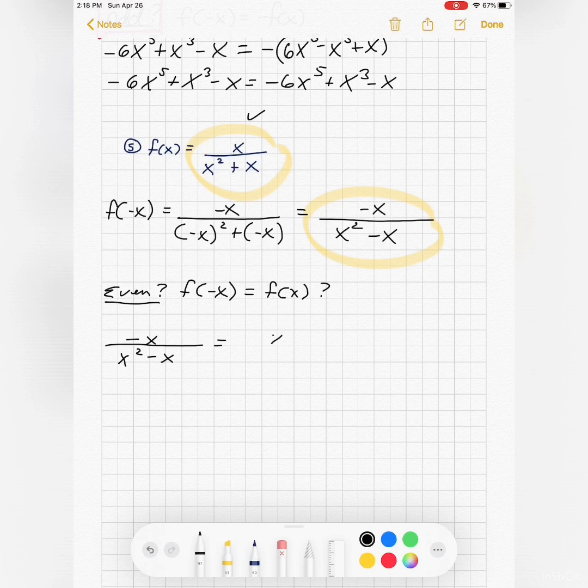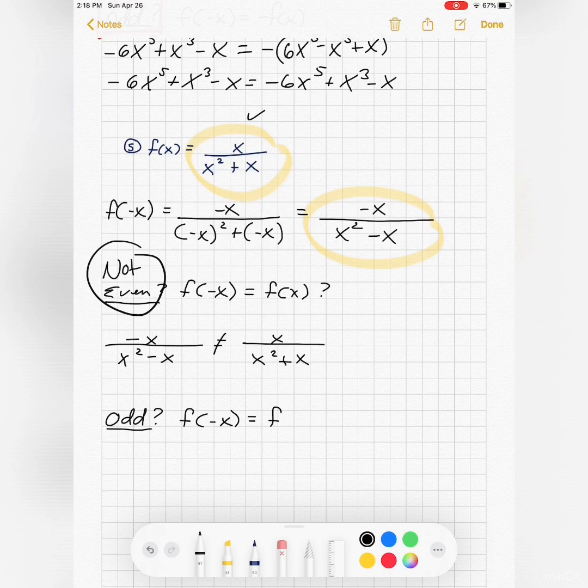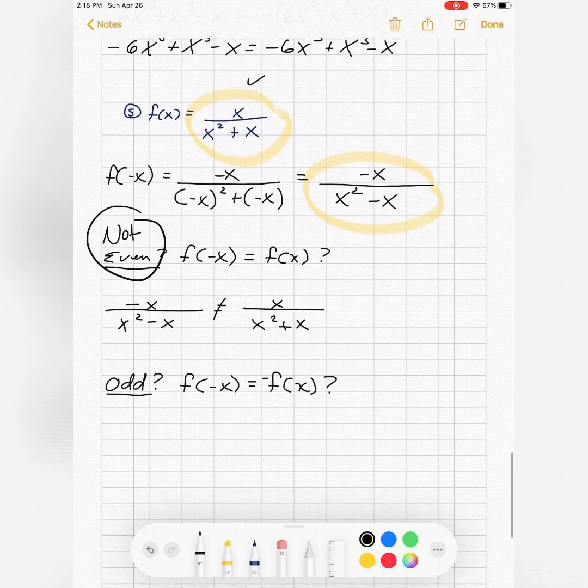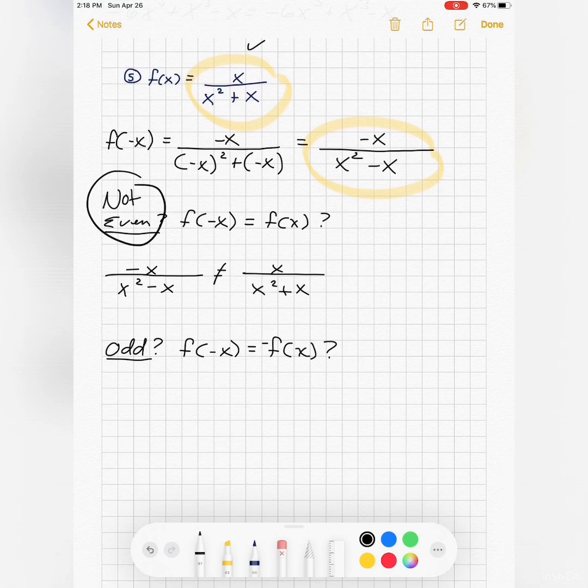No, okay. Okay, what about odd? Okay, here's my f of negative x.